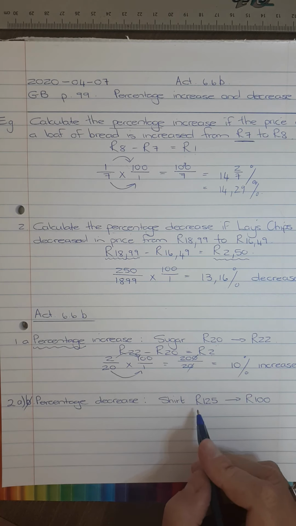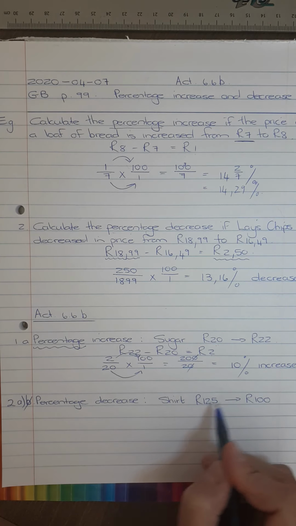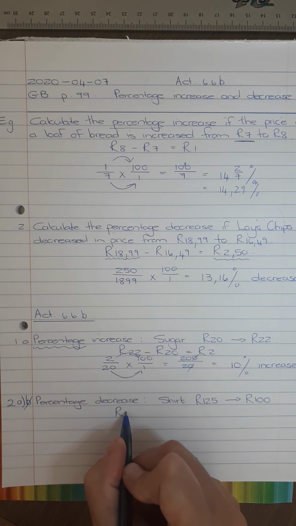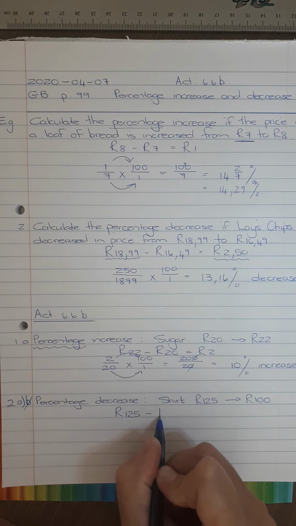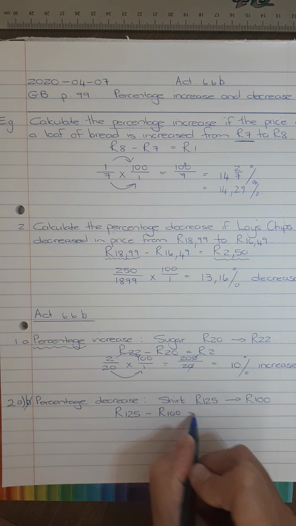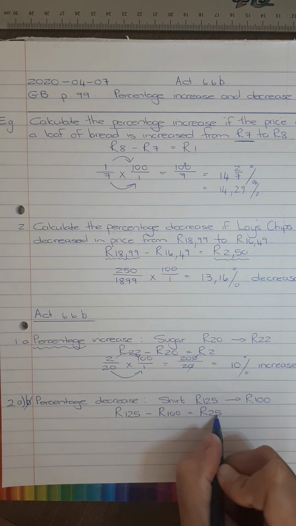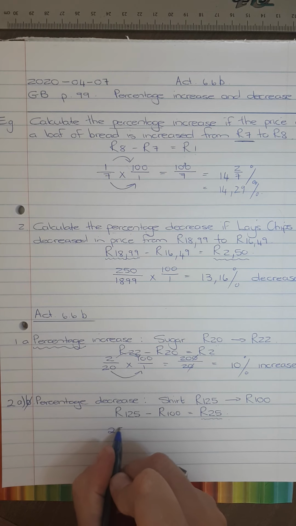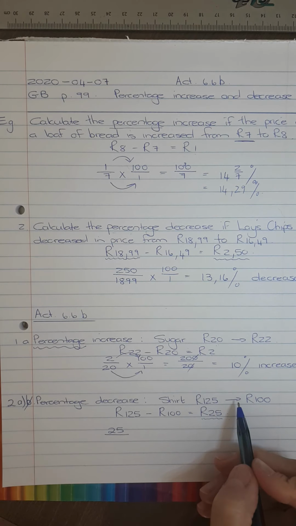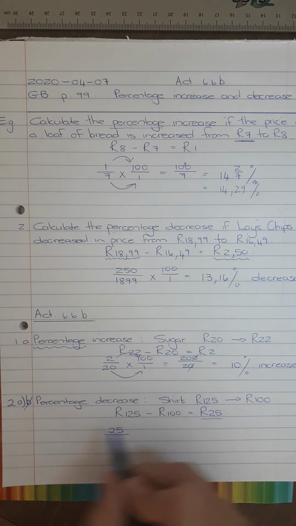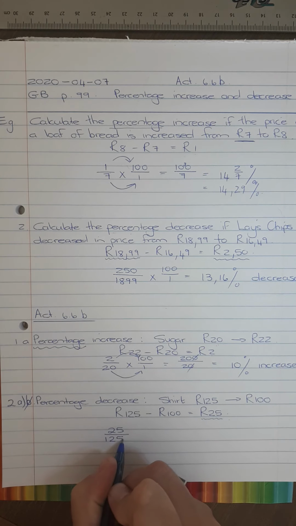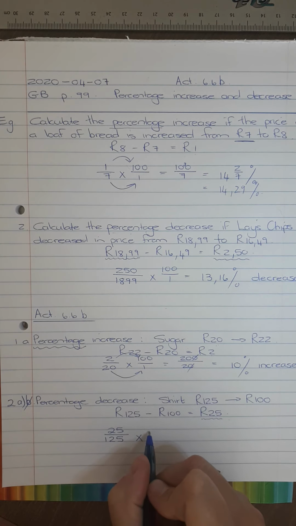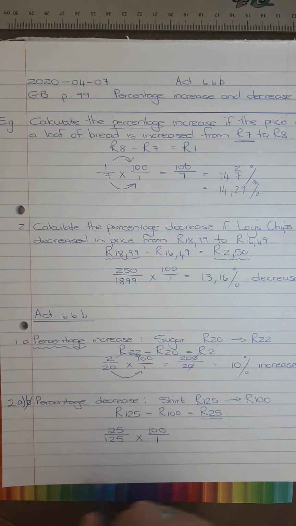So first step, I find the difference between the two. 125 minus 100. That leaves me with 25 Rand. I take this difference, the 25, on top of the original price of this shirt, 125, times 100 over 1 to get the percentage.